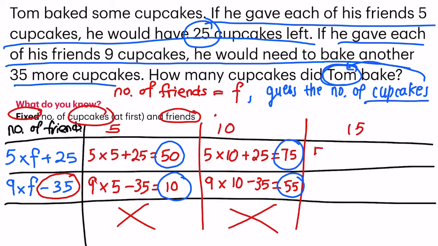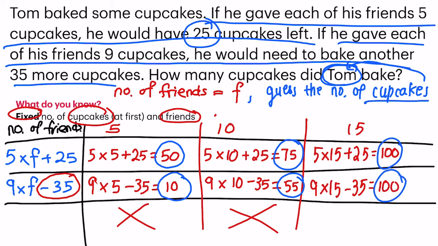So 5 times 15 plus 25. The second scenario, 9 times 15 minus 35. And let's work out the sums. We have 100 for the first one, the second one also 100. So let's compare. The 100 equates to the number of cupcakes that Tom had baked. Same goes to the second statement.